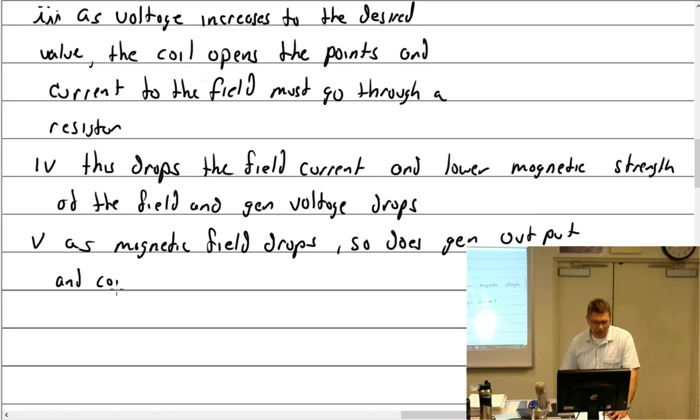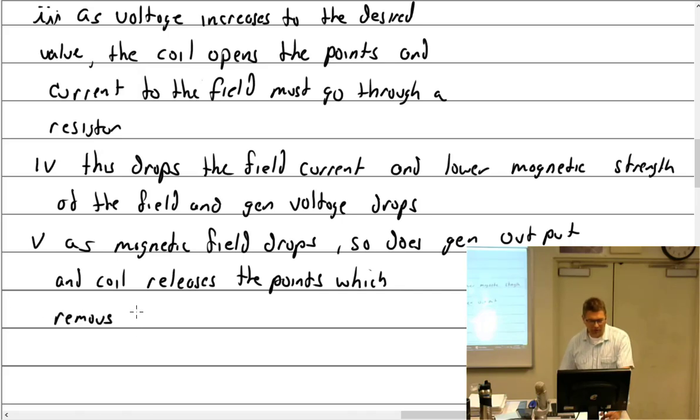And the voltage coil releases the points, which removes the resistor, and we're back to full speed again. And they just vibrate between those two points.